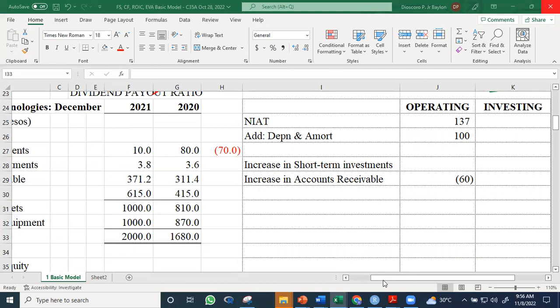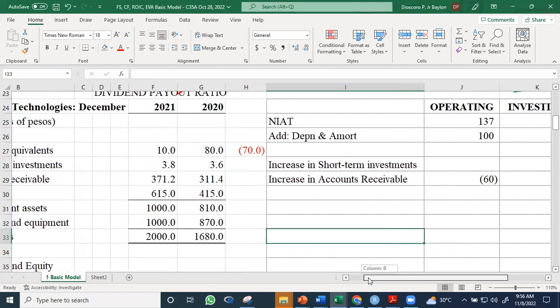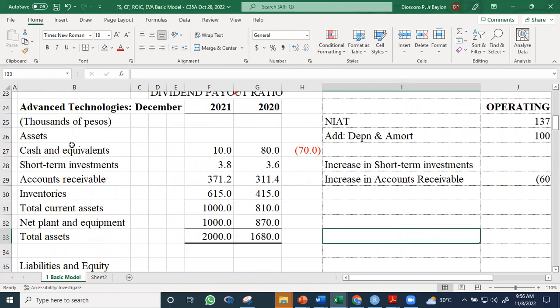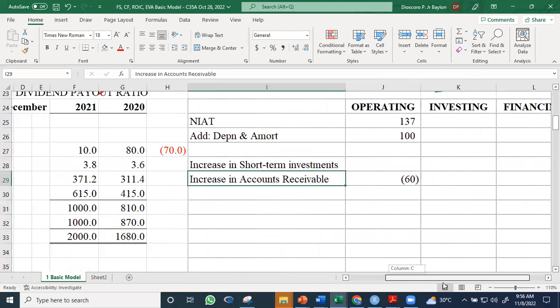Let me repeat this for the last time, class. We're investigating what happened to the accounts. Accounts receivable increased from 311 to 371. So we record it as an increase in accounts receivable. Any change in accounts receivable will fall under operating.